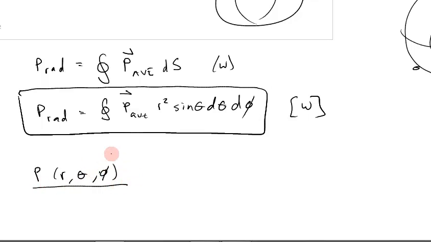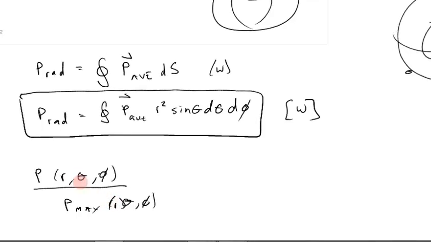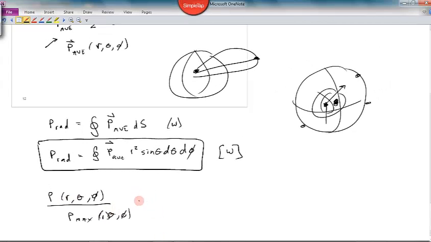How do we normalize it? When creating our power plots, we divide by the maximum power, this power point right here, which occurs at a specific r, theta, phi, a specific point in space. What happens is that the r dependency drops out, and we get what's called a normalized power pattern. That's linear.